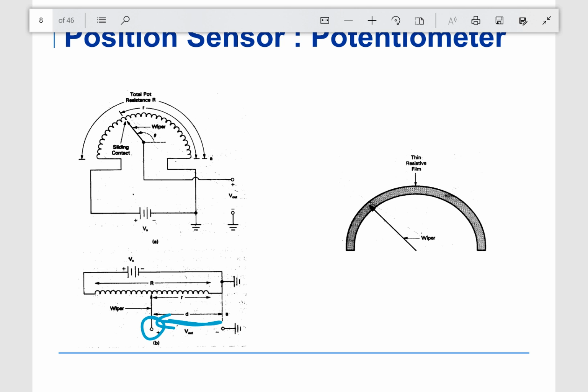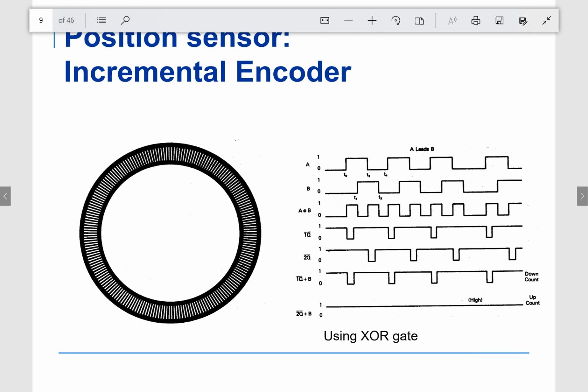And this is an encoder. Basically what you've got are little lights, and we can measure movement. This is not a really good example. Most common are the gray code encoders.